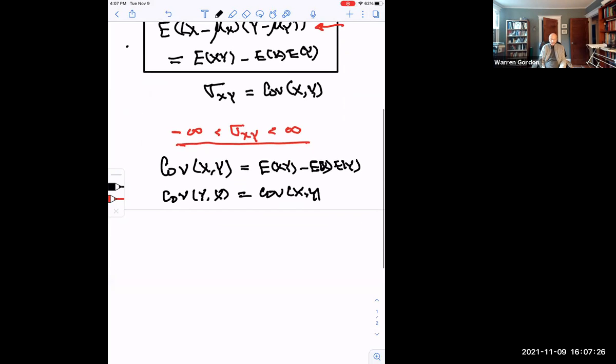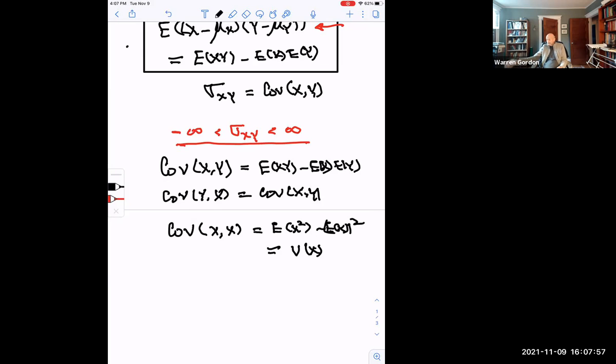That should be obvious. Also notice that the covariance of X with itself is exactly equal to E of X squared minus E of X quantity squared, which is V of X.